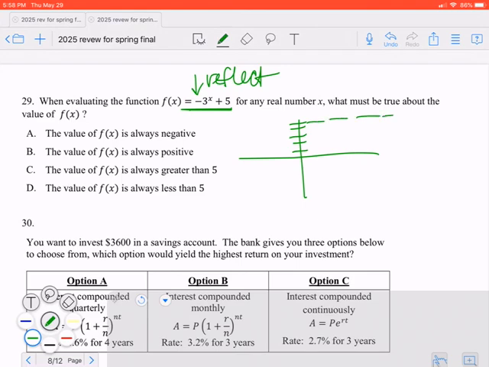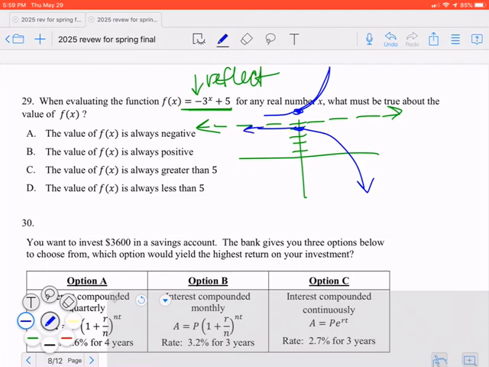So our horizontal asymptote is y equals 5. A normal one would go, oops, I did decay, but it's growth. So the normal one would be like that. So we're doing the mirror image. So it would look like that.